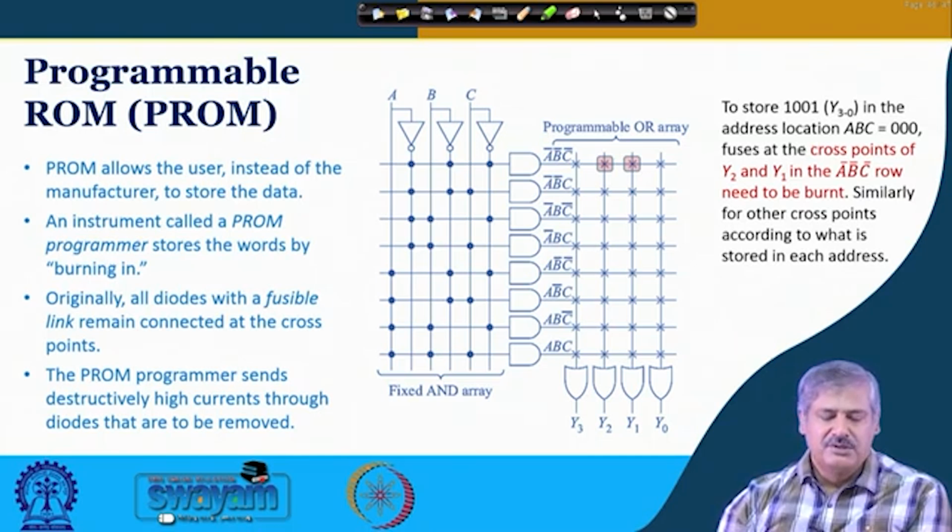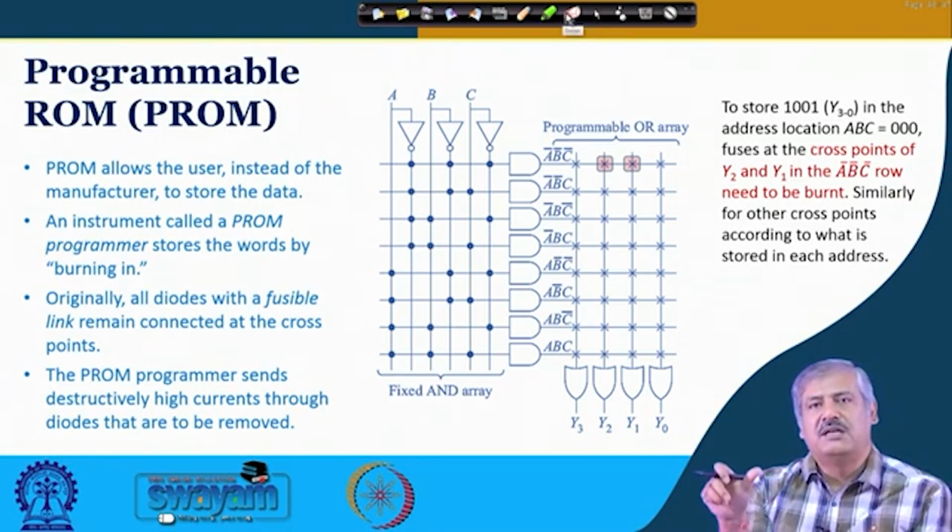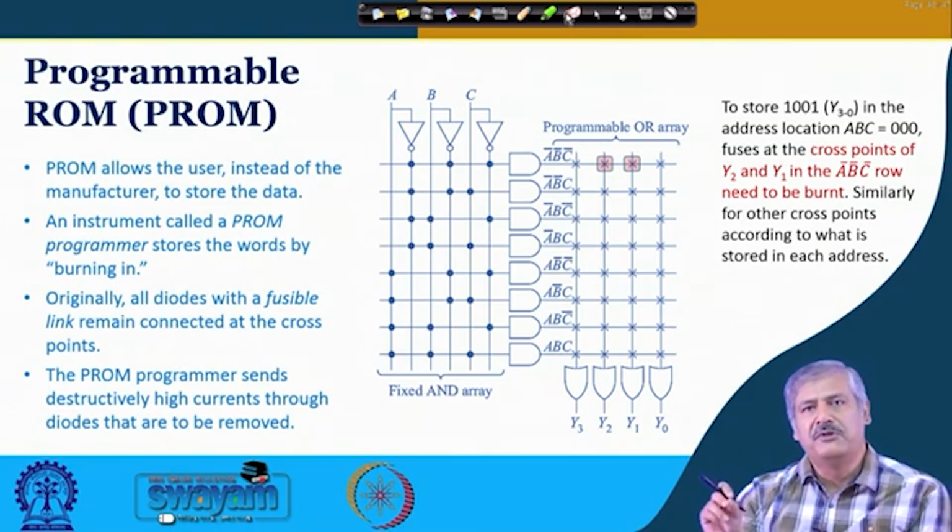Okay. So, in this, at the cross point, the connections that you are seeing, say a diode is there. After that there will be a fuse. Wherever you want the connection not to be there, you send a high current by which the fuse is burnt, okay, and the connection is lost.